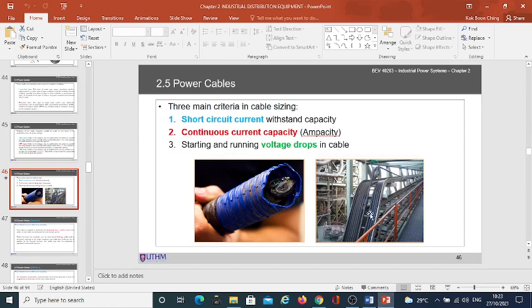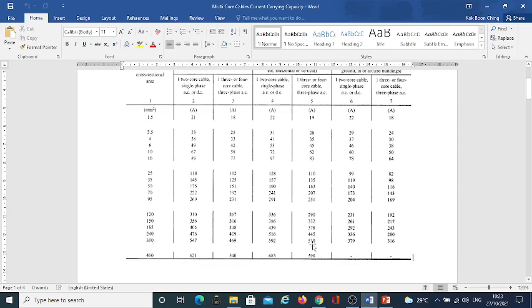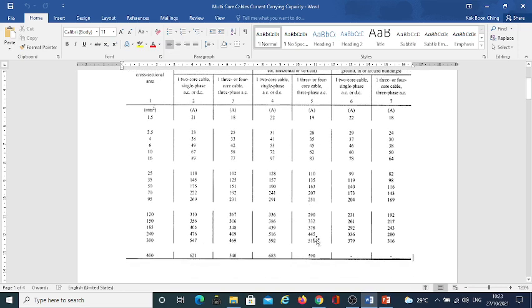So if you lay or install your cable like this, in air or in the tray, then you are in the category of method E, which has a little change in the ampacity. For 240, just now it was 409, but if you lay your cable in the cable tray, the ampacity increases to 445.